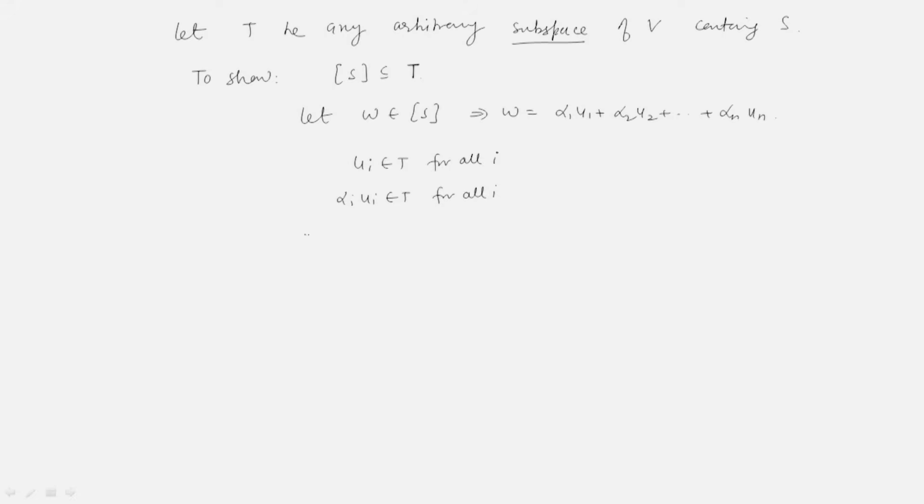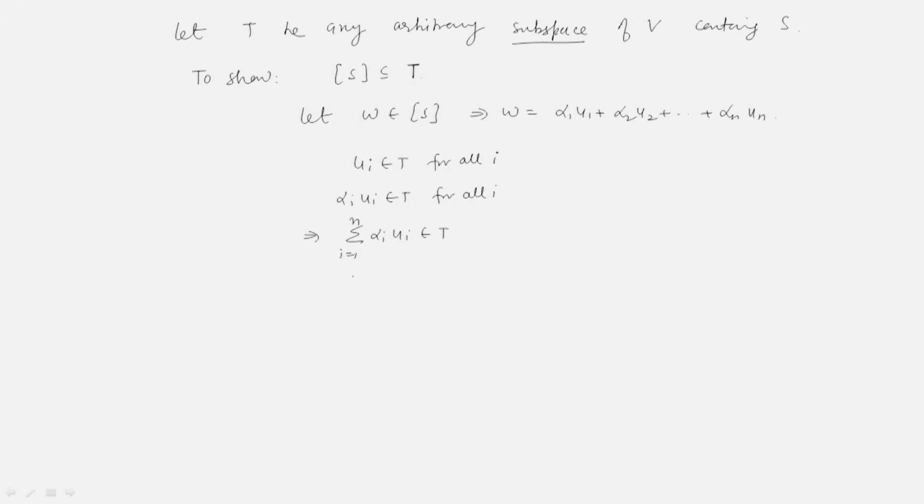And this implies the summation of i from 1 to n of alpha i Ui also belongs to T, again by the closure property of vector addition, because alpha 1 U1 is in T, alpha 2 U2 is in T, alpha n Un is in T. So, by the closure property of vector addition, this sum is also in T. So this implies W is in T, and this implies span of S is a subset of T.